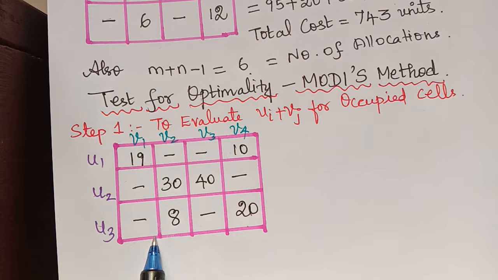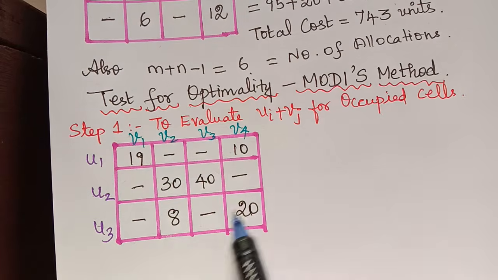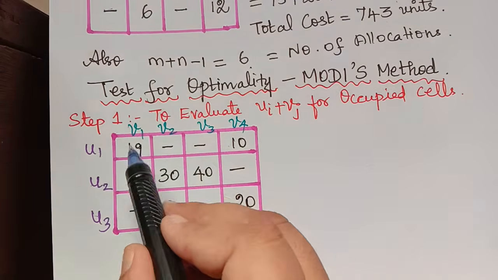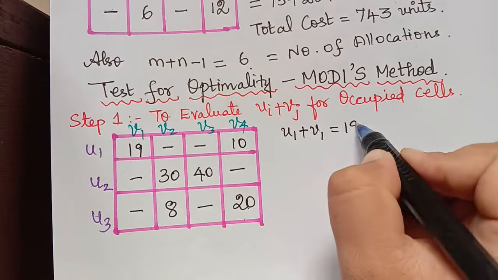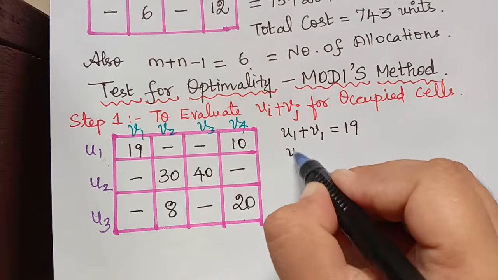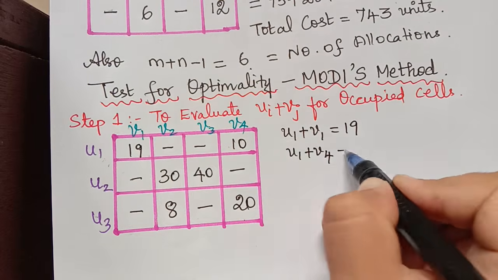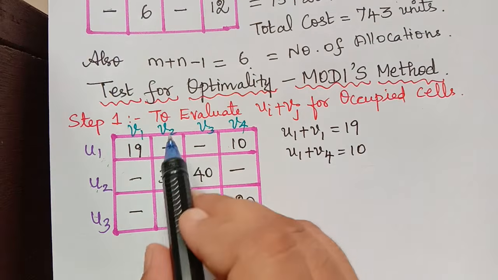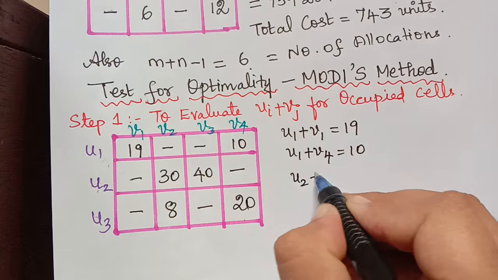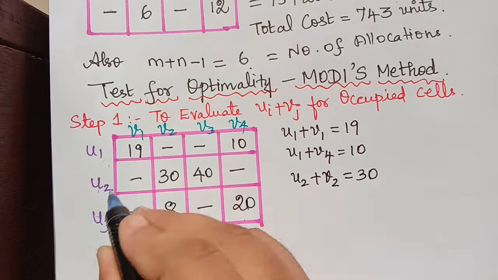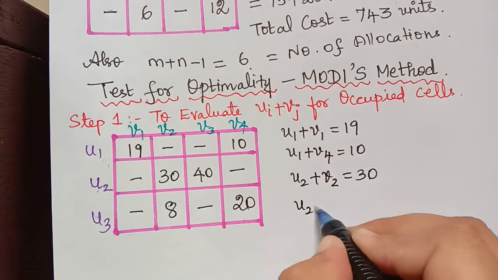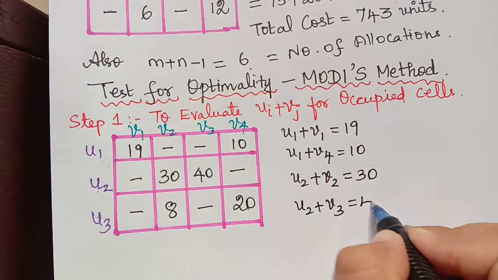After that, we will be forming the equations, if you remember. So u1 plus v1 is equal to 19. u1 plus v4 is equal to 10. And then u2 plus v2 is equal to 30. And then u2 plus v3 is equal to 40.